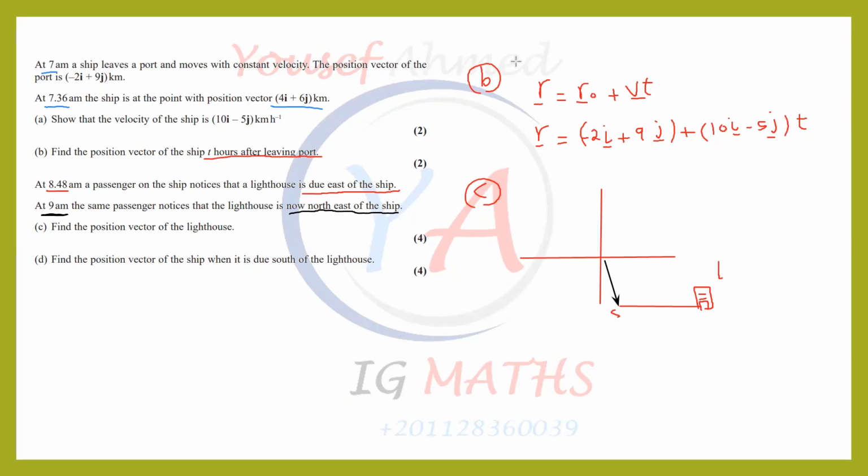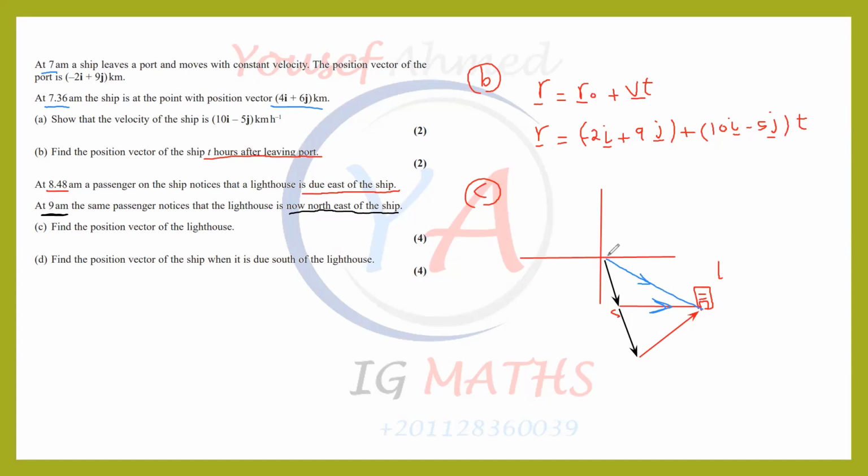Then when it continues and the time changes, the same passenger sees the lighthouse is due northeast.